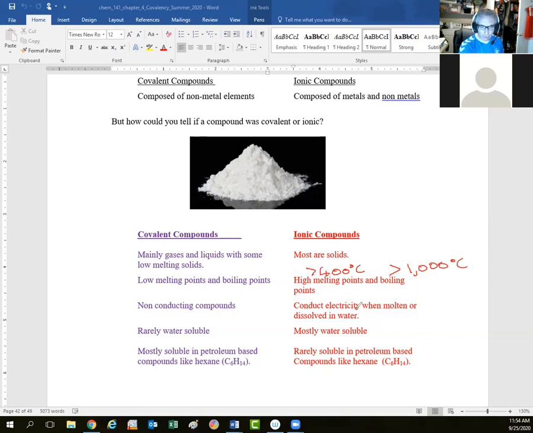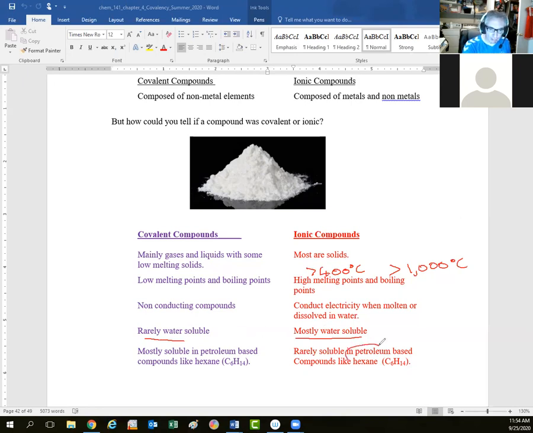If it can be dissolved in water or melted into the molten state to conduct electricity, it's probably ionic. If it doesn't conduct electricity, because covalent molecules don't have ions, then it's probably covalent. If it dissolves in water, as we said in chapter 3, it's ionic. The opposite, not dissolving, would tend to make it covalent.